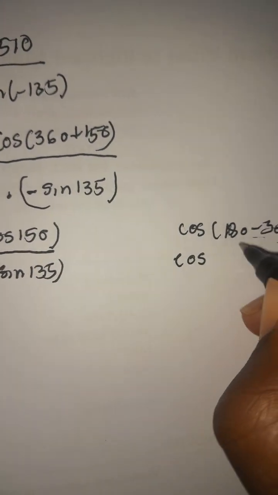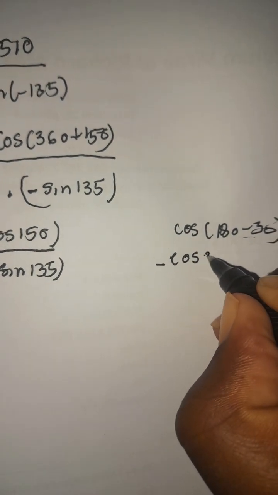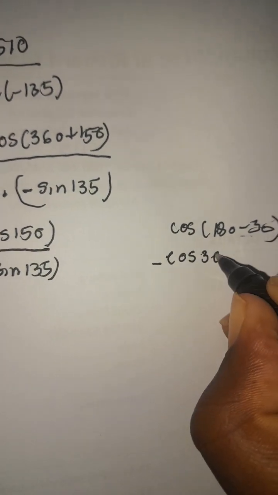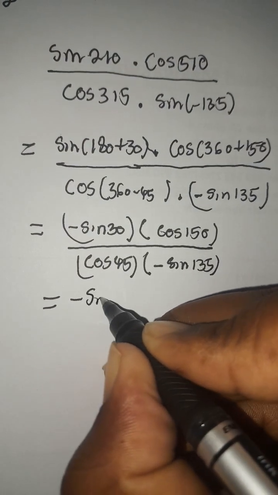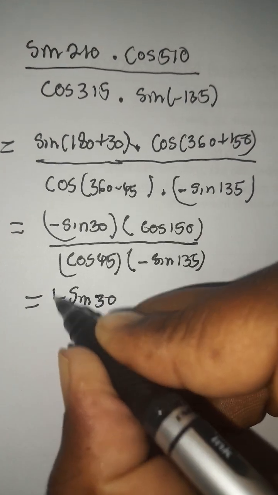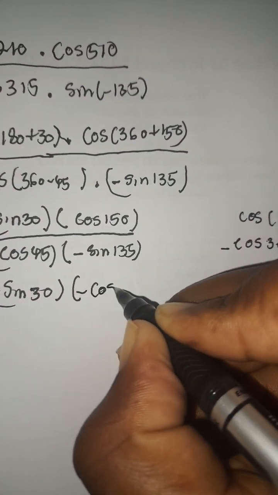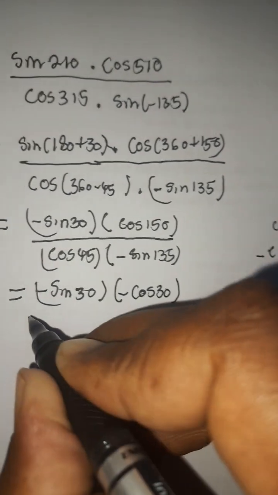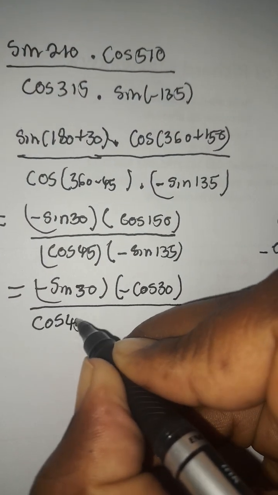So which home is the home for cos? No, it's not. So we're going to have negative cos 30. So in other words, here, our third step, negative sine 30, we're also going to have negative cos 30. Be very careful. So we have cos 45.